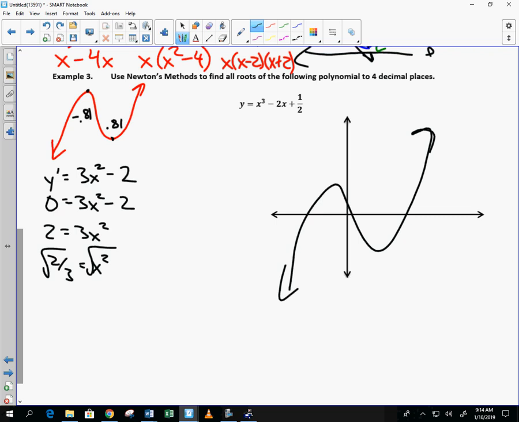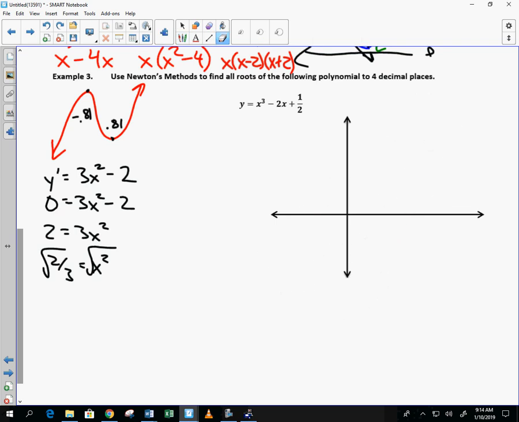I mean, we really don't know for sure exactly, do we? So let's keep our minds open to the possibilities that maybe it crosses the x-axis once, maybe it crosses 3 times. So I use Newton's formula, which is x minus f of x divided by f prime of x.